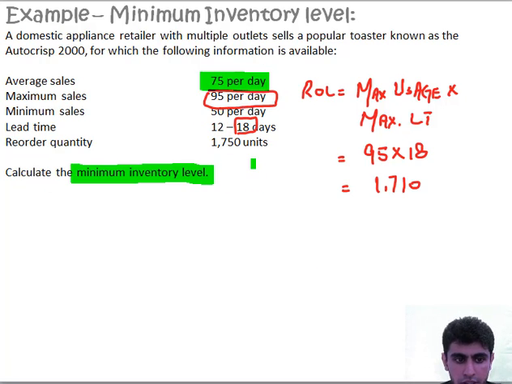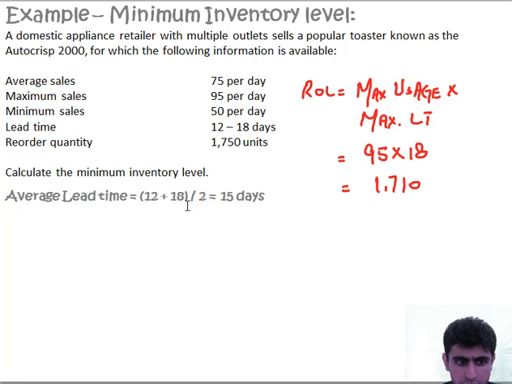So our average lead time is going to be 12 plus 18 divided by 2, which is 15 days, right? Okay, and now we have average lead time.